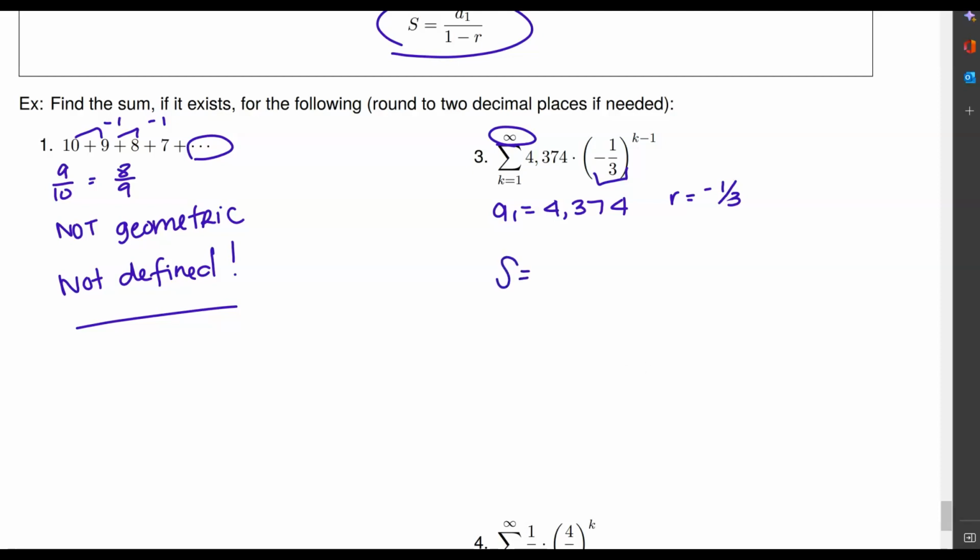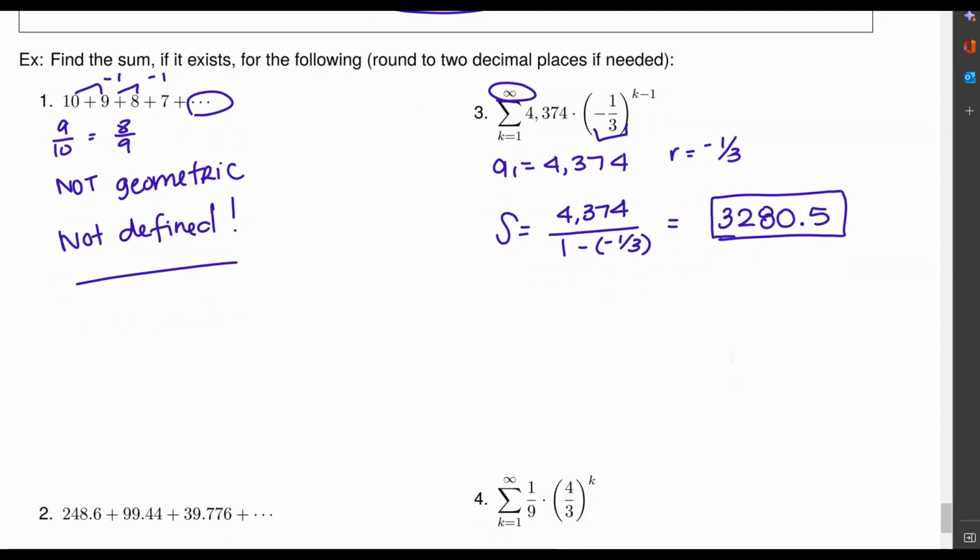So S is going to equal our first term, and that's going to be over 1 minus my rate. And so we're going to go ahead and do this math, and then we should see that the sum of this infinite series is going to be 3,280.5.